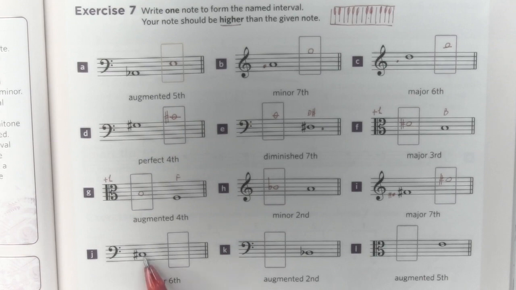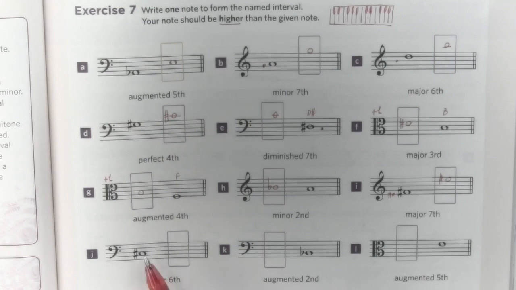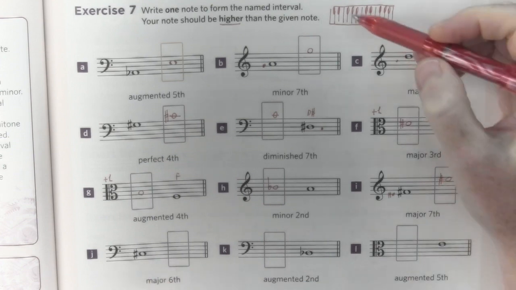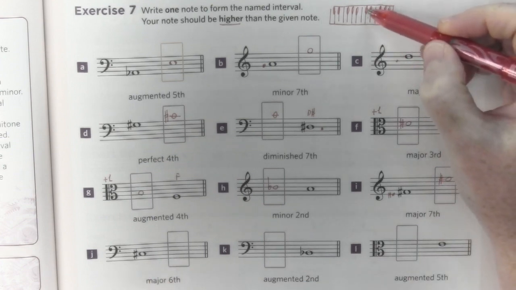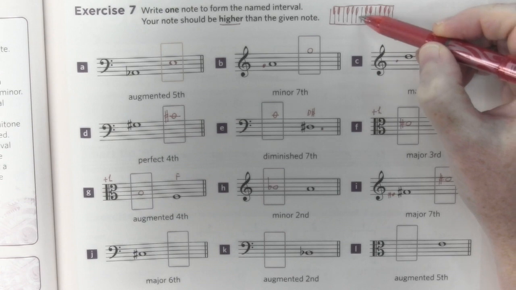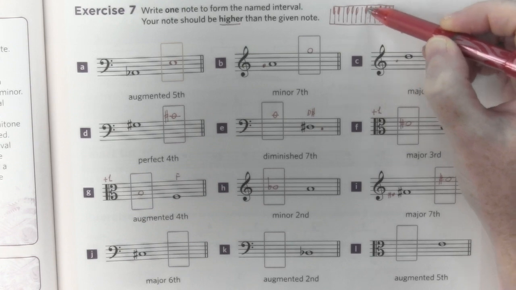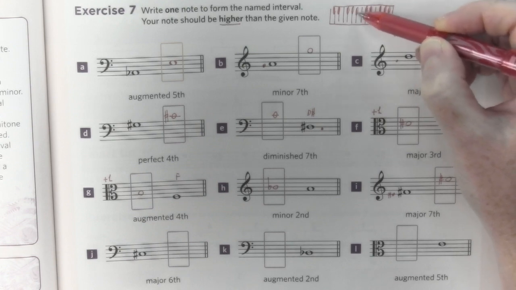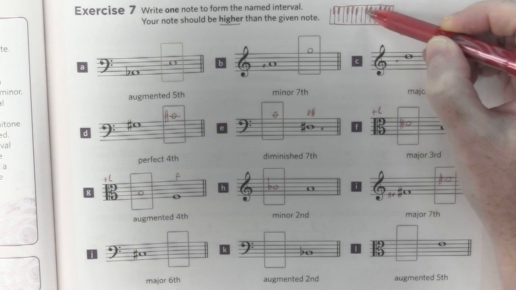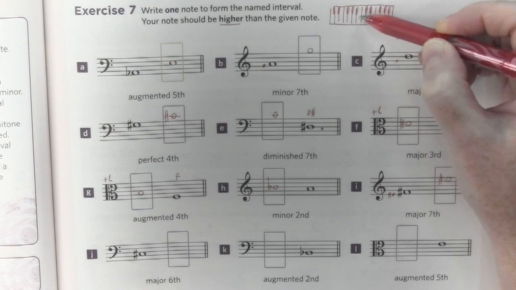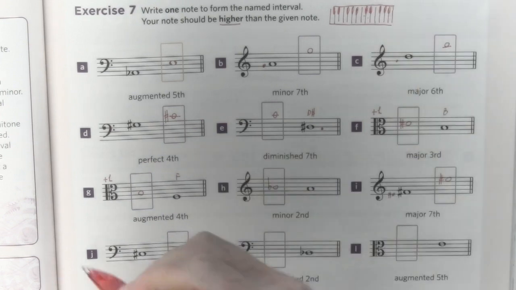Next one in bass clef, Do sharp, a major sixth, which means a minor third. Now a minor third from Do sharp is 1.5 tones. This note is called Si, La sharp. So Do sharp, Si, La sharp.